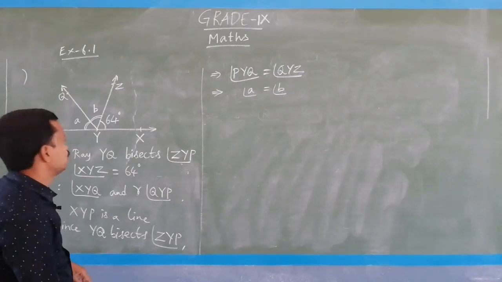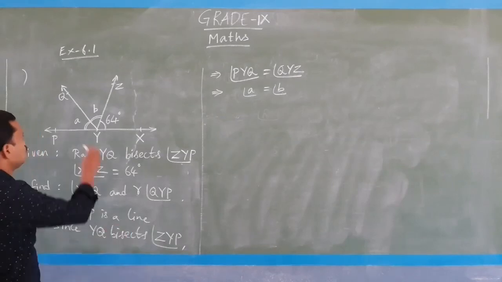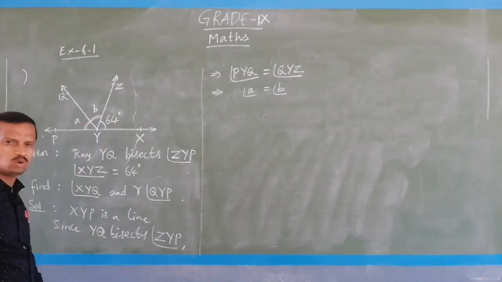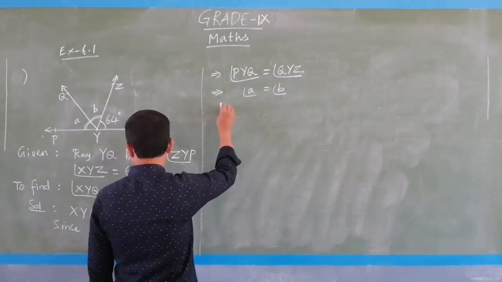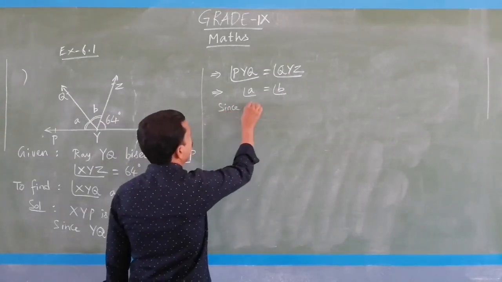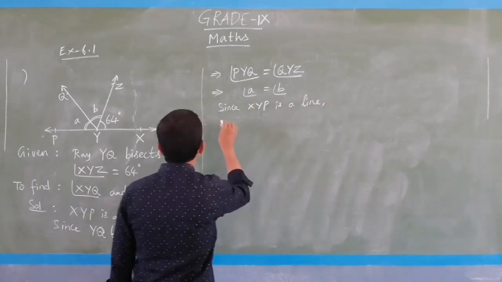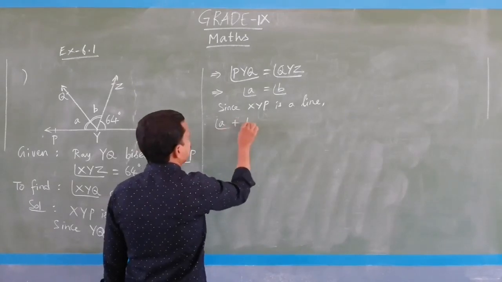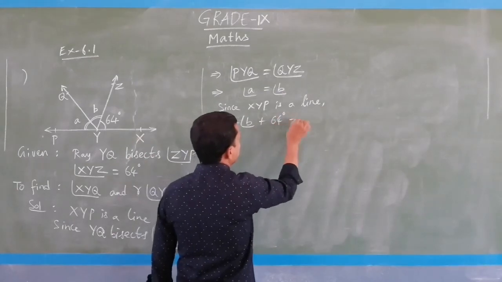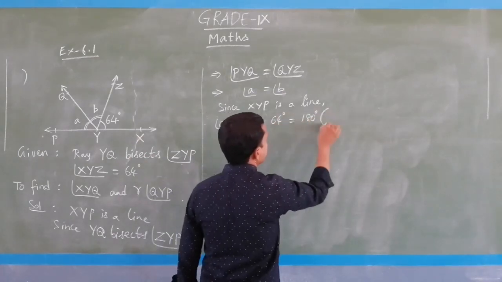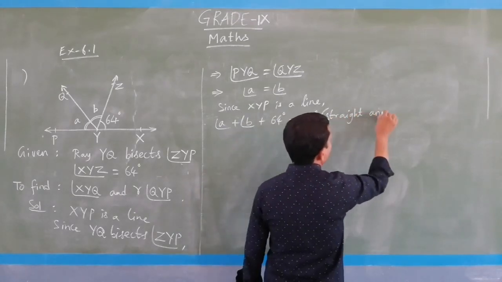And now XYP is a line, so all these three angles sum up to 180 degree because of the straight angle. Since XYP is a line, angle A plus angle B plus this 64 degree sum up to 180 degree because of the straight angle. Is it clear?